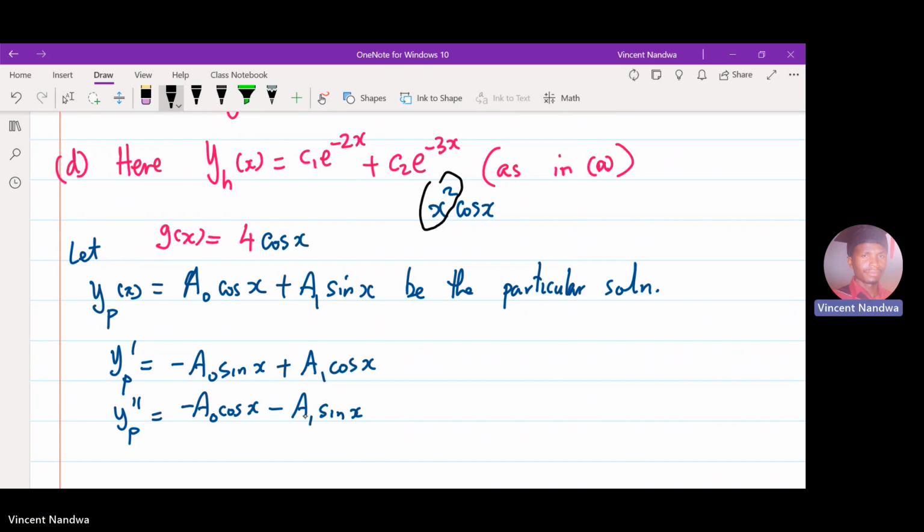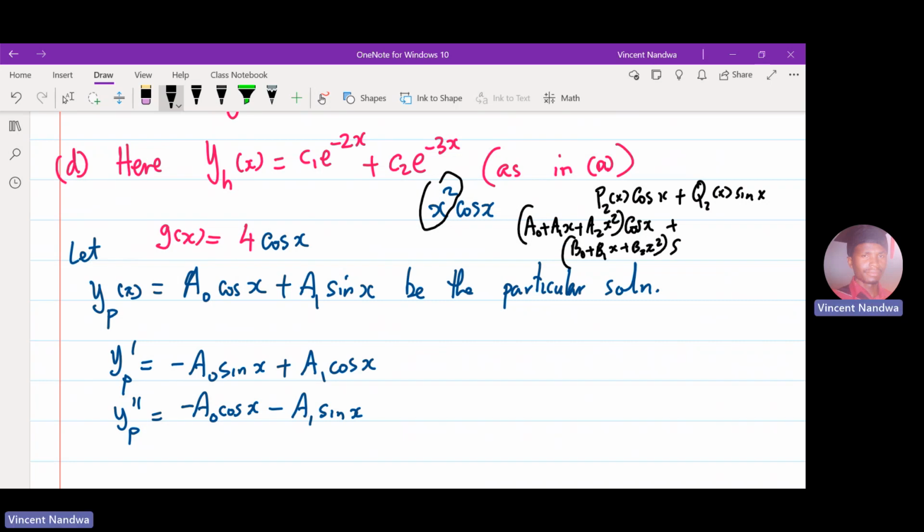So your structure should be of this form: a naught plus a1x plus a2x squared, then multiplied by cos, and then plus b naught plus b1x plus b2x squared, and then times sine of x. So that's the structure of the YP.